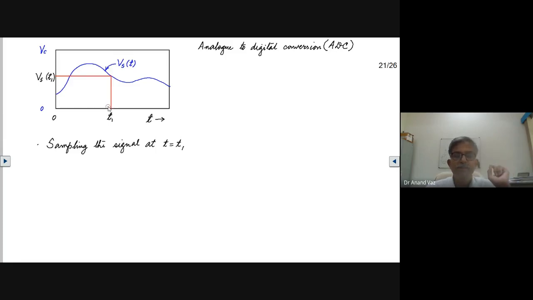So what is done is we have to hold the signal. You just don't sample the signal, but you also hold it. So we make use of a circuit which is called a sample and hold circuit. This is also realized using operational amplifiers.